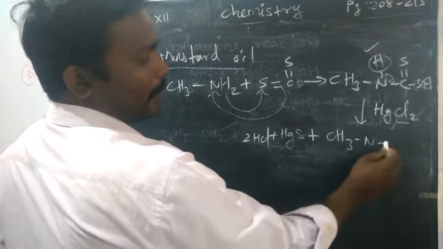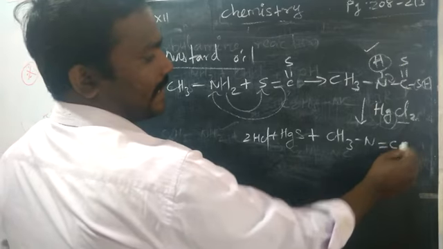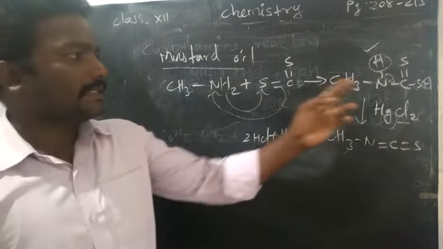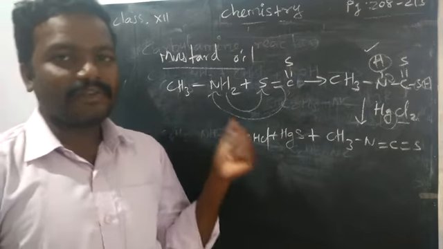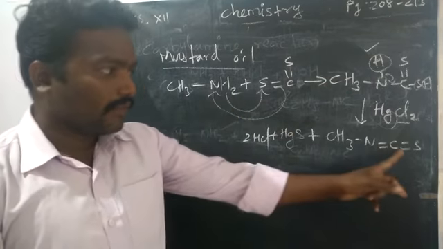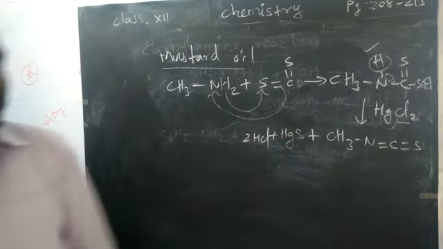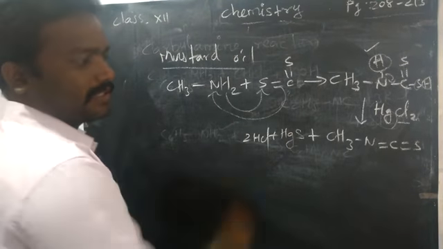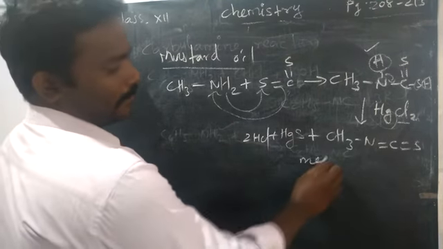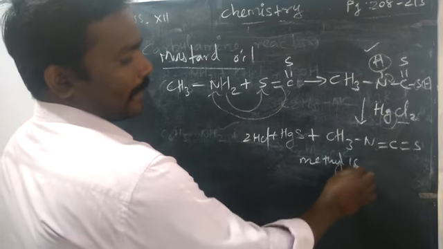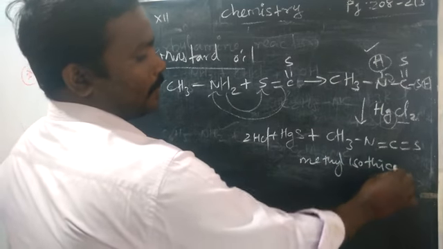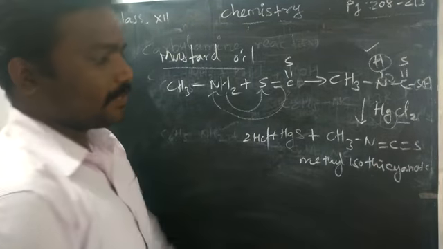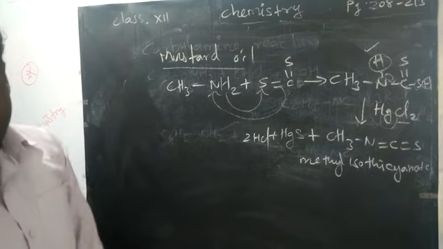So it will form a double bond: double bond C, double bond S. Usually when NC forms we say isocyanide. With sulfur we have, so this is called isothiocyanate. That's the name of this compound, methyl isothiocyanate. Thio indicates the presence of sulfur. Methyl isothiocyanate.